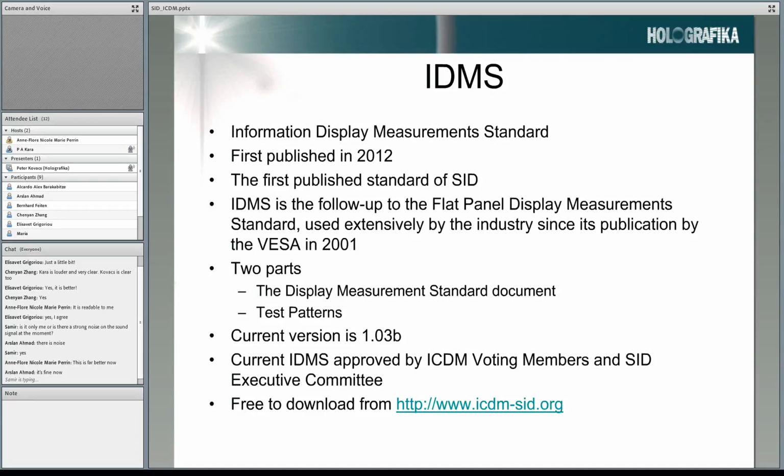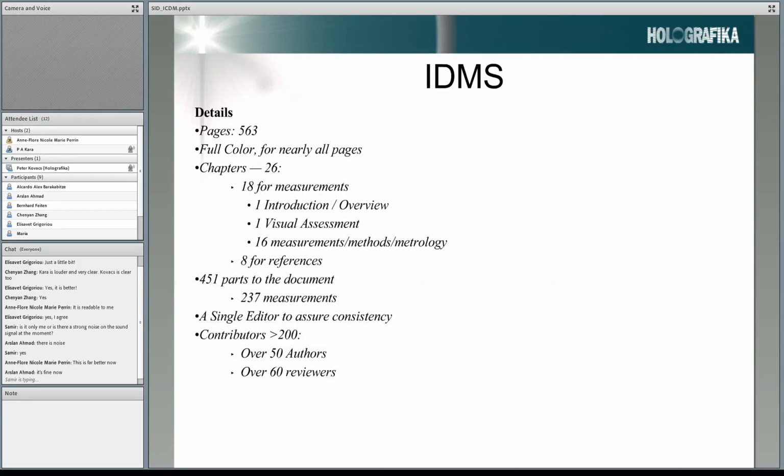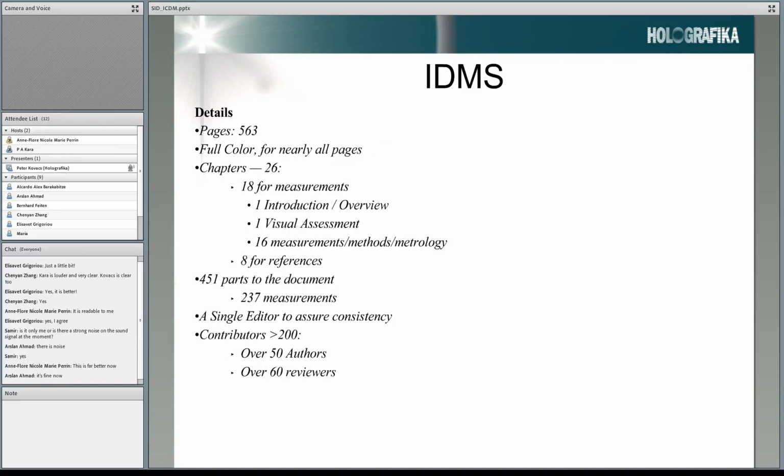So the IDMS document is quite extensive. It's more than 500 pages, consisting of 26 chapters in total, 18 of which is about measurement.